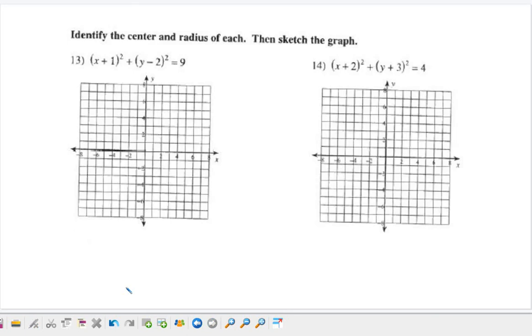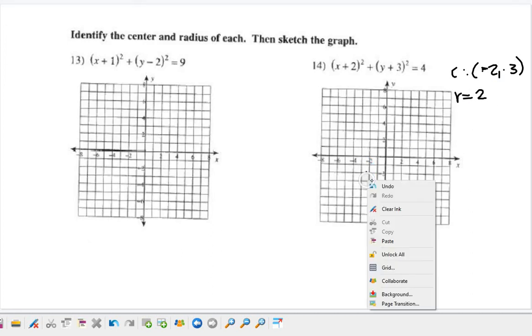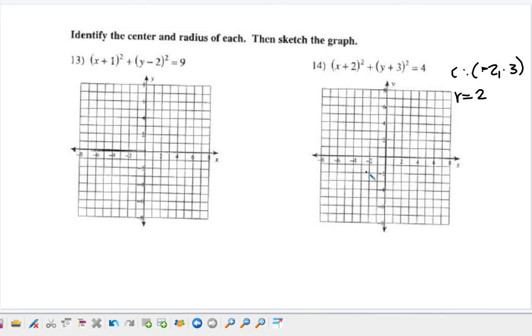So we can do this. We've done this. We did this a while ago. So let's see. My center is -2, -3, and my radius would be 2. So -2, -3. And my radius would be 2: 1, 2 to the right, 1, 2 up, 1, 2 left, and 1, 2 down, right?